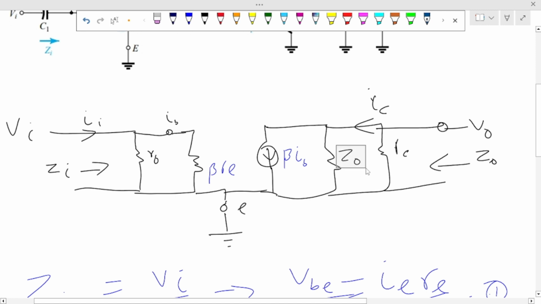This is an RE model, and an RE model does not include an output impedance. There is this thing about the graphical method and slope, but I want to spare you all that in this video. Just bear in mind that the RE model does not include output impedance in this diagram. So therefore, this guy is going out. So what are we going to have there? R0. I'm going to have R0.